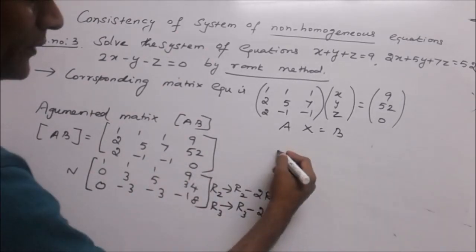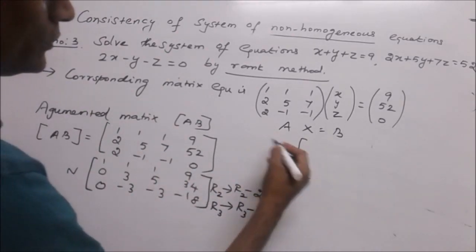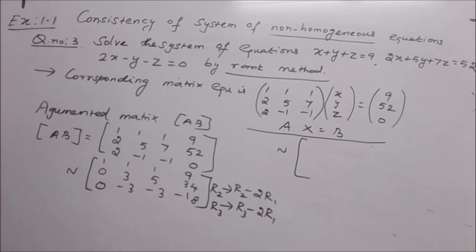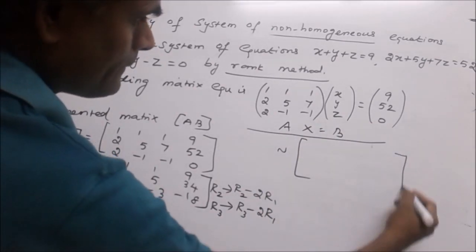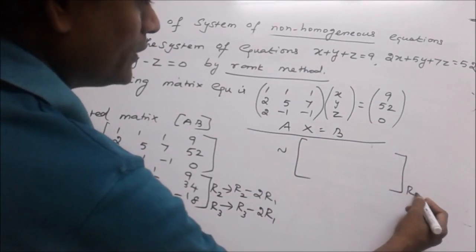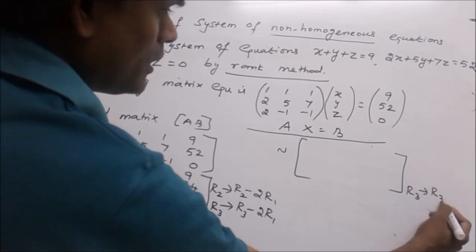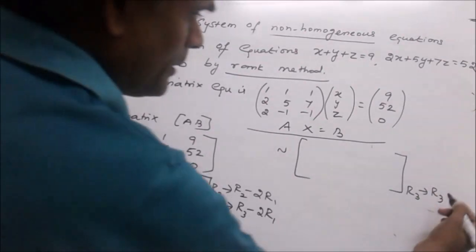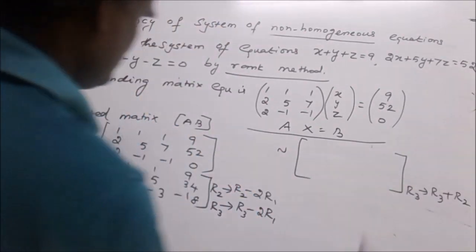Forming a new matrix here, equivalent to R3 tends to R3 plus R2.